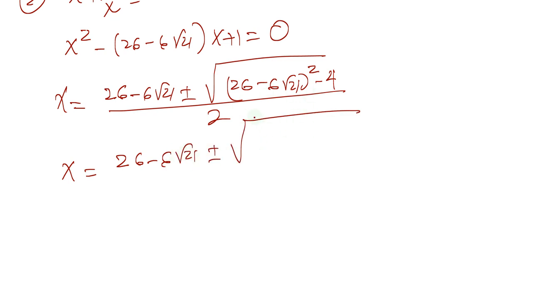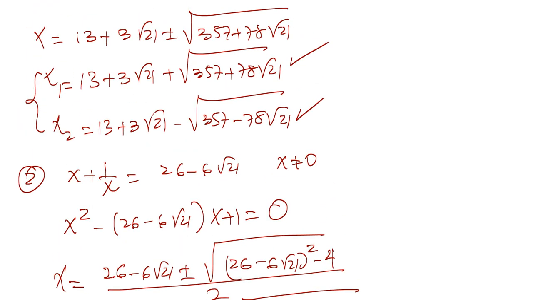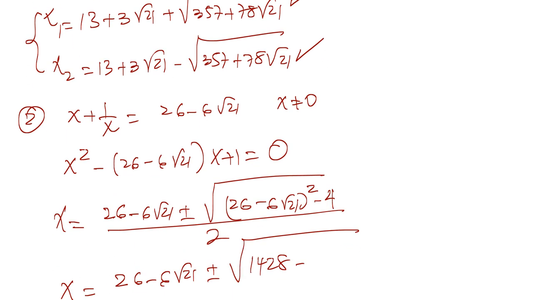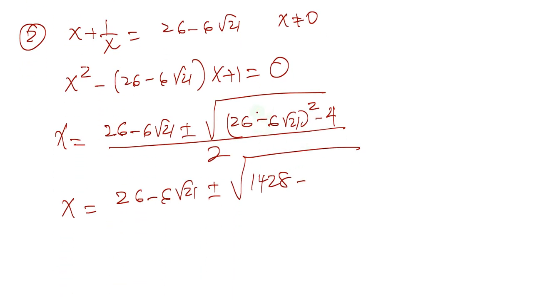The difference is that this is going to be 1428 minus, remember that here it was a plus. I mean, it was a plus and I made a mistake here. This is a plus. We're just going to have a minus here, right? Because this is negative 1 here.